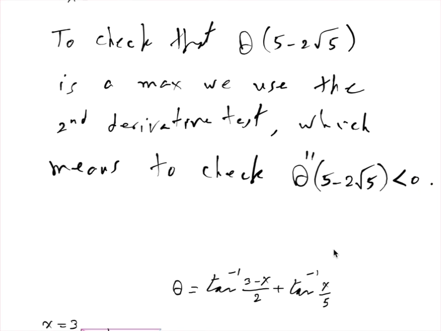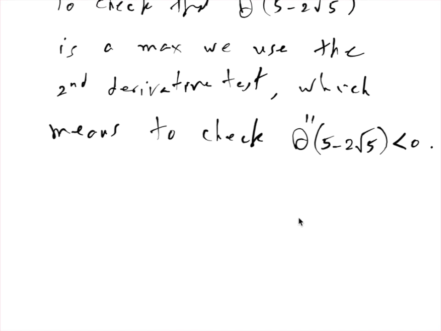This is due to the fact that for a maximum point, the concavity is downward, so theta double prime has to be negative for maximum points. Okay, that's what we call the second derivative test.